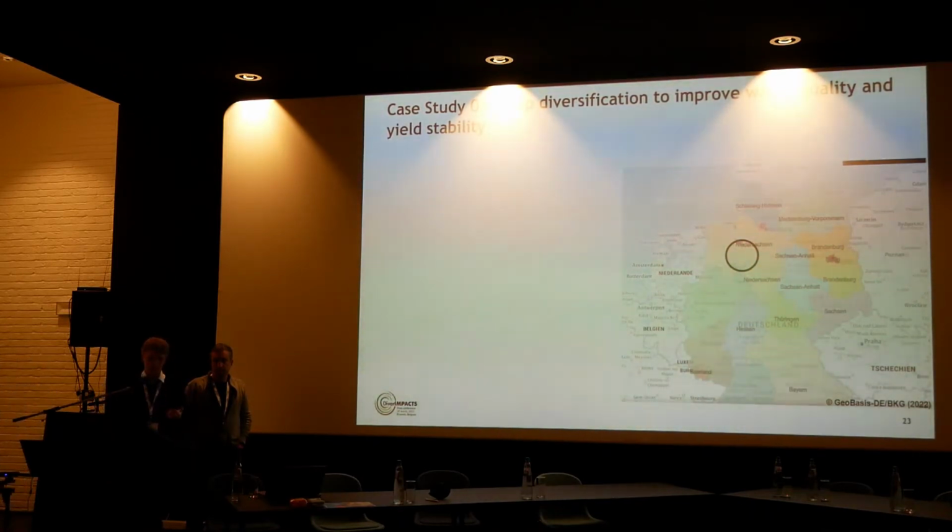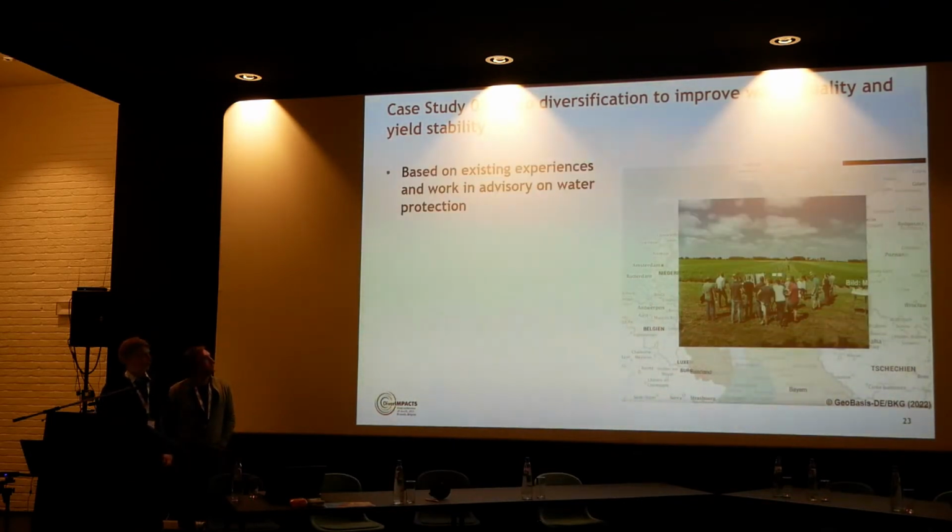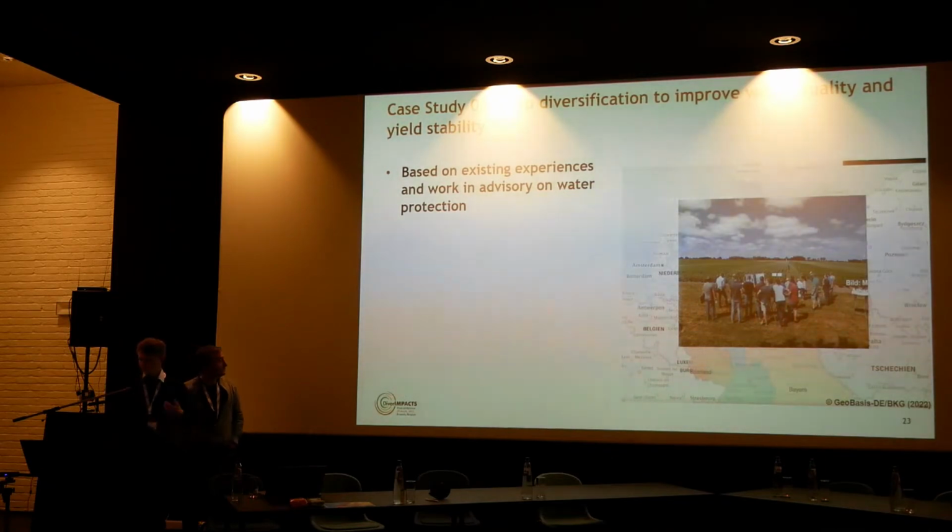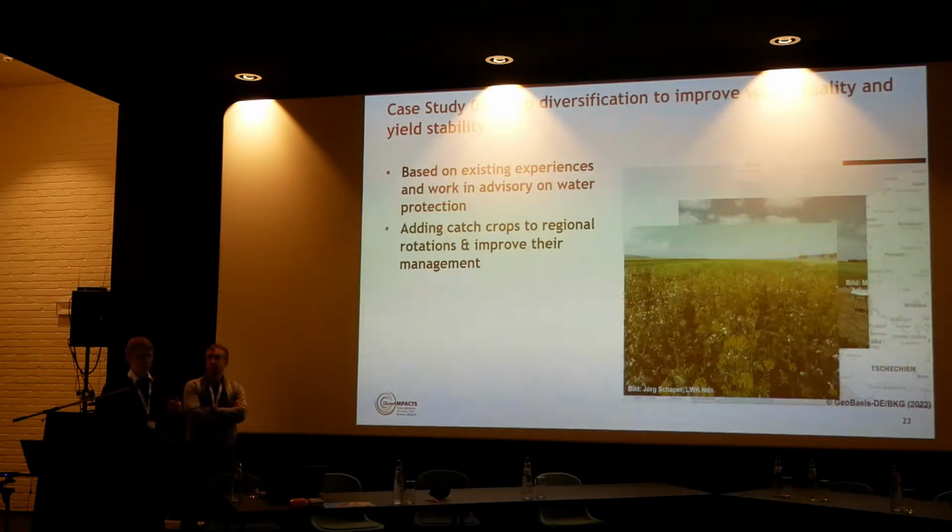We had the problem that whatever problem we want to tackle, most fit-for-all solutions are quite hard to implement with the variety of farms we have. The case study itself is based on our existing knowledge and experience in the water advisory, water protection work, and so we started from this with the idea of adding more catch crops and improved management to improve the water quality and the actual work on water protection.